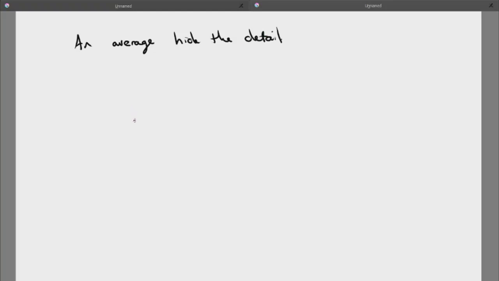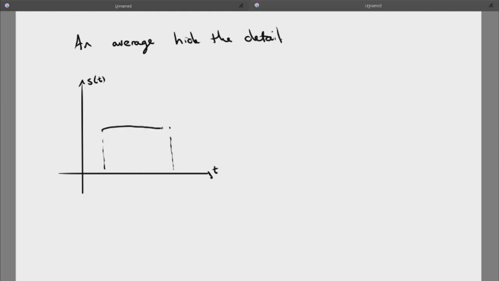For example, if I focus on the traveling issue and distance changing, so over time, S of t, let's suppose I have my time window here, and let's suppose my speed is very consistent. Actually, very slow.